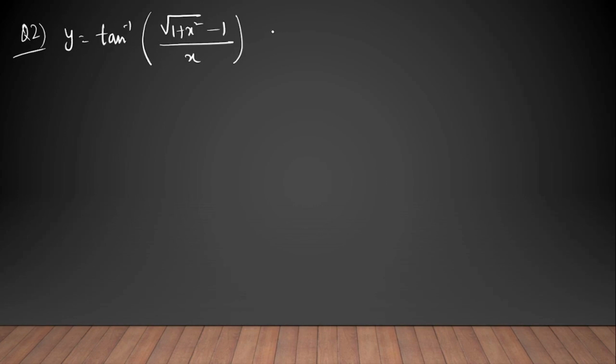Next question, question number 2. It says y equals tan inverse of (root under 1 plus x square minus 1) divided by x. Find dy/dx at the point x equals 1.